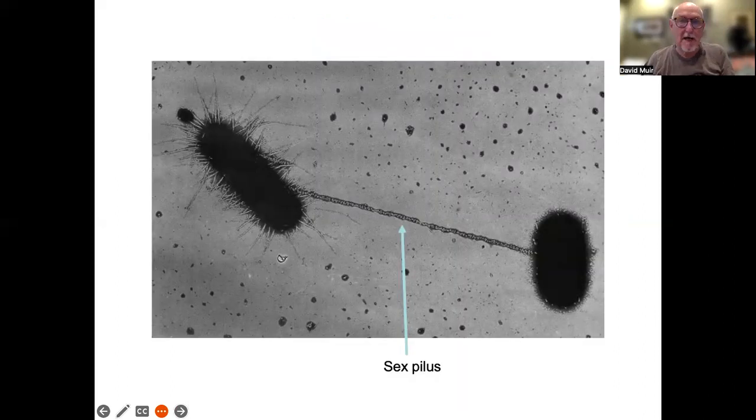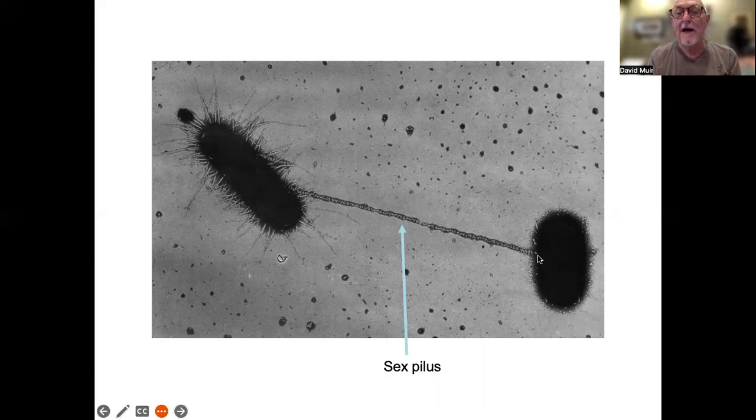There's one specialized kind of pilus. Pilus, by the way, means arrow. And this is called a sex pilus. These are in bacteria which can transfer DNA directly from one cell to another.